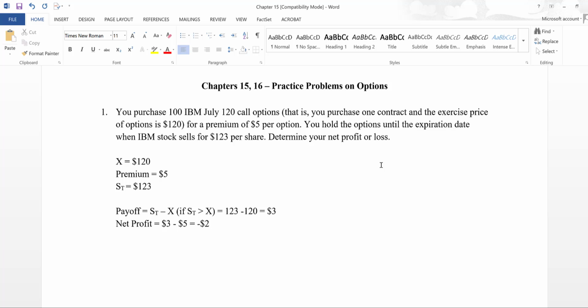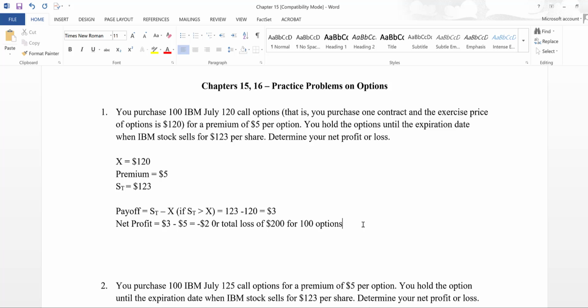So you're going to end up losing $2 per option. For your 100 options, you're going to have a total loss of $200. So that is your net loss from this particular option position.